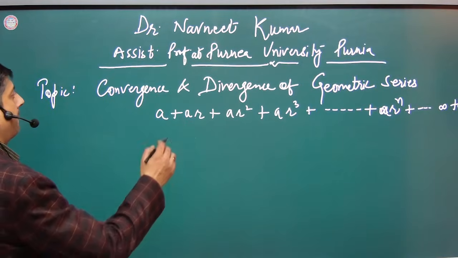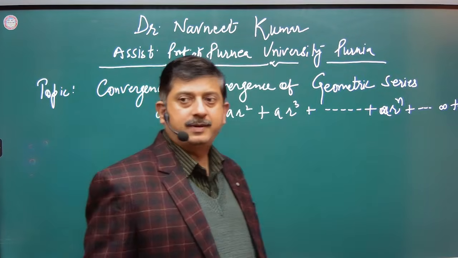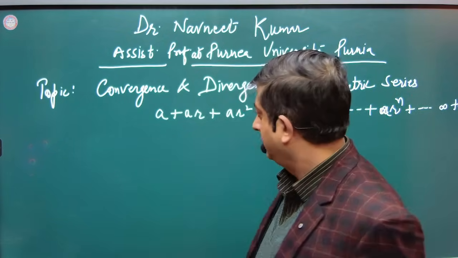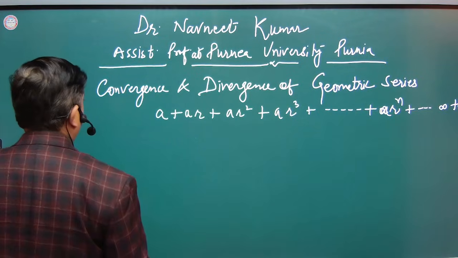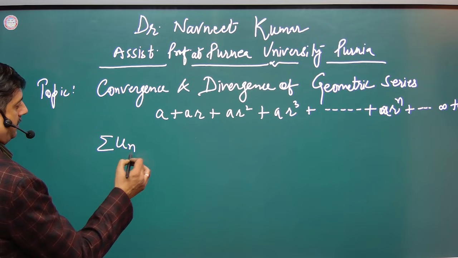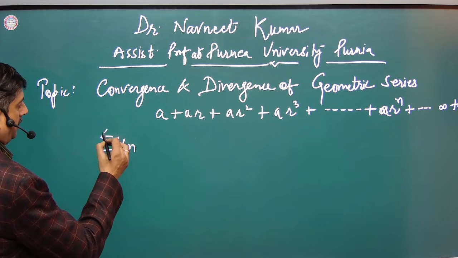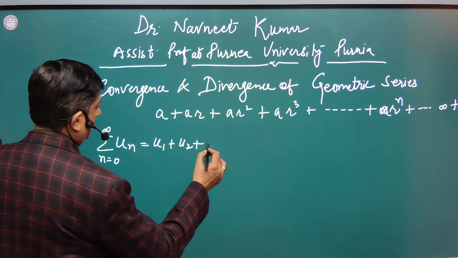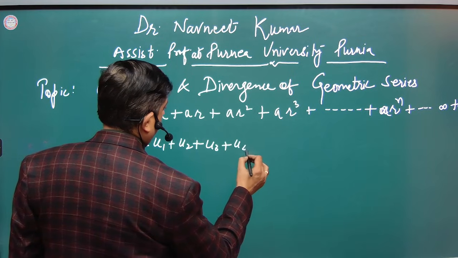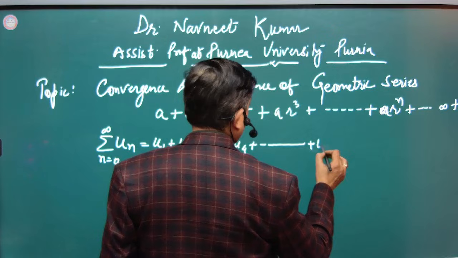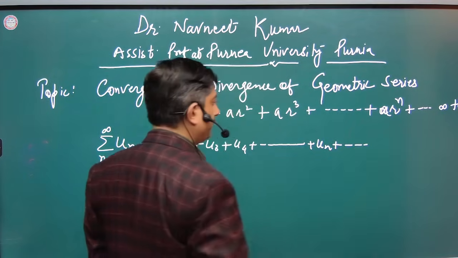So first, it is a geometric series and I know it is an infinite series. Let the summation of un be an infinite series, and we can write it as u1 plus u2 plus u3 plus u4 plus so on, plus un.